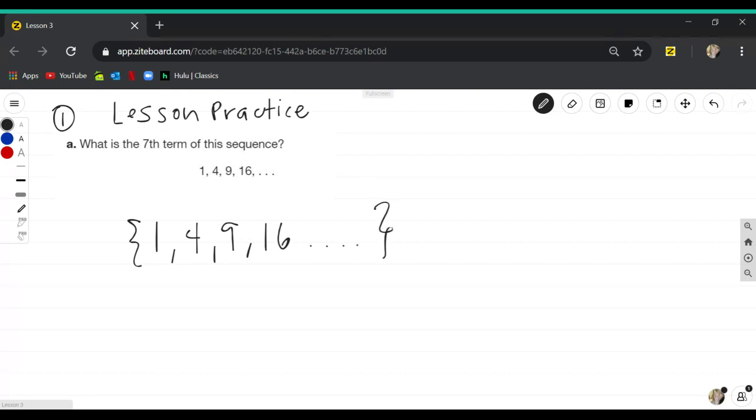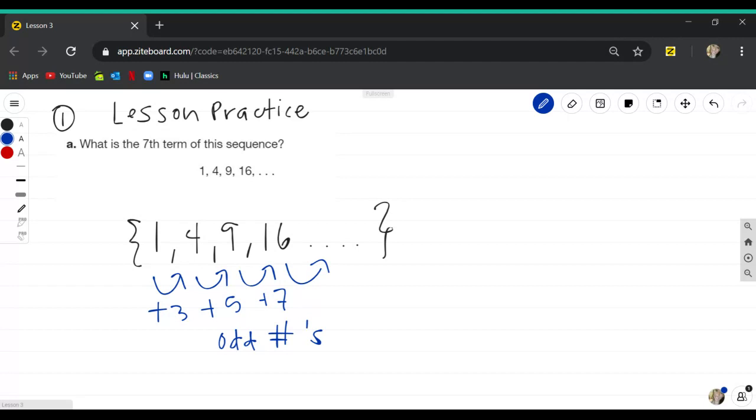It doesn't stop there. So let's take a look at a pattern. This one adds 3 and this one adds 5, and then this one adds 7. So it could go on. And 3, 5, 7, those are odd numbers. But there's another problem. How do we know that the next one will definitely be plus 9?